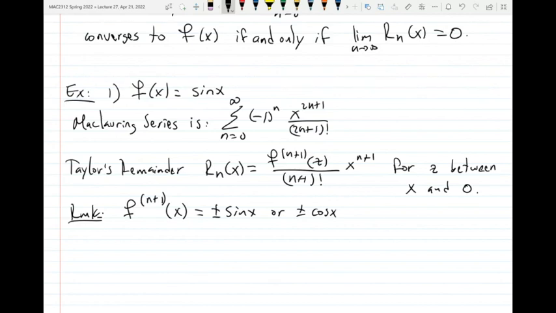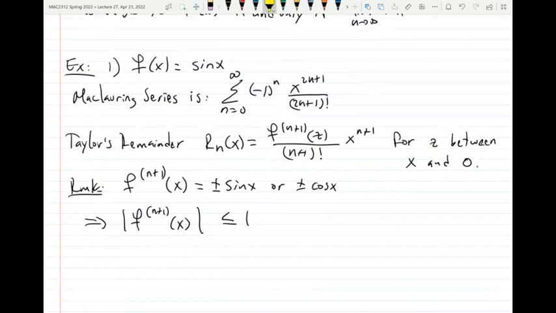And why do I write it like this? Because it depends on whether n plus 1 is a multiple of 4, or has remainder 1, 2, or 3. The point is that regardless of what it is, we can always say that the absolute value is going to be less than or equal to 1, right? So you can take this as our M in the remark.